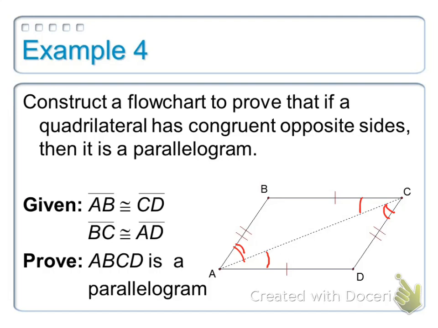If I use, we'll do this situation right here, DCA is congruent to BAC. If I can show that, then I can say that this is parallel to this. And once I have both sets parallel, I can say ABCD is a parallelogram by the definition of a parallelogram.